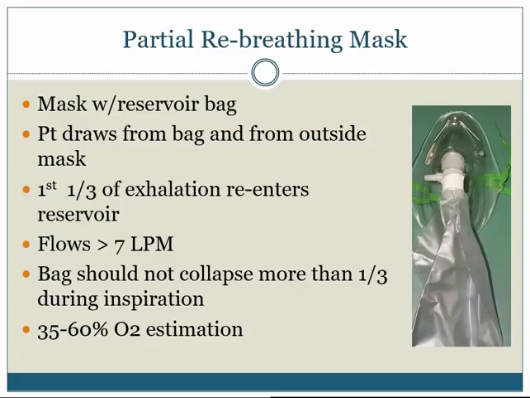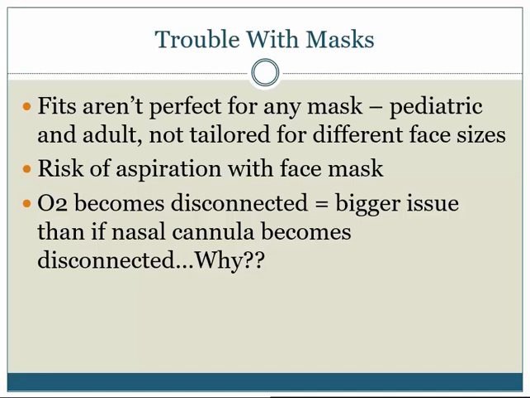With the mask, the fit is not perfect. Again, you have 2 sizes, pediatric and adult. It's not tailored for all the different shapes and sizes of faces that are out there. You always run the risk of aspiration if the patient were to vomit. And if the oxygen were to become disconnected, it's a lot bigger of a problem than if you had a nasal cannula on the patient and it were to become disconnected.